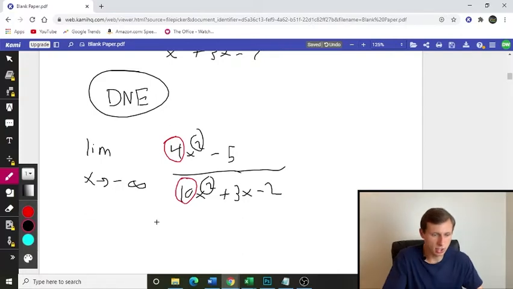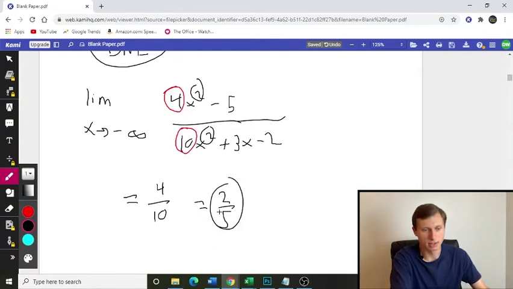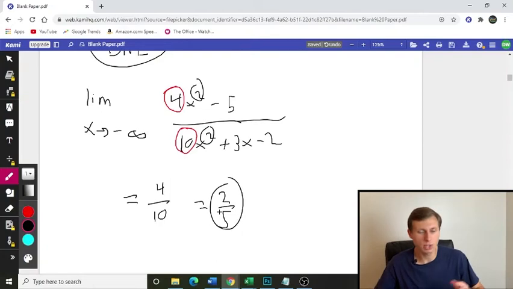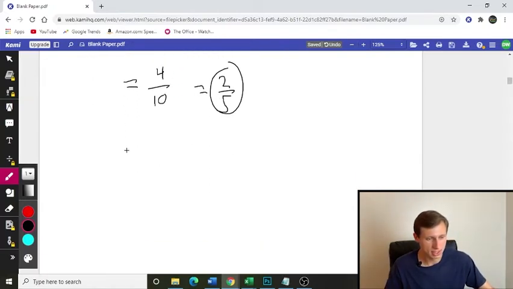And so our answer to this question is just going to be 4/10, or that's 2/5. Final answer. It's cool because we don't even need to do any real calculations here other than that, and it doesn't even matter that it's negative infinity. It's going to be the exact same answer. Let's keep going. More examples.